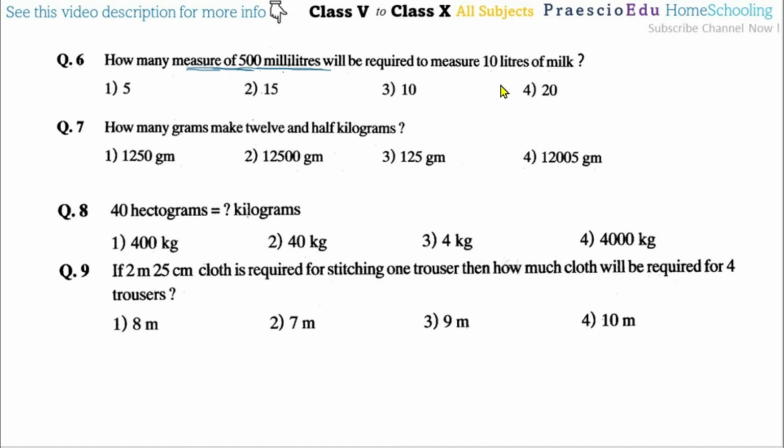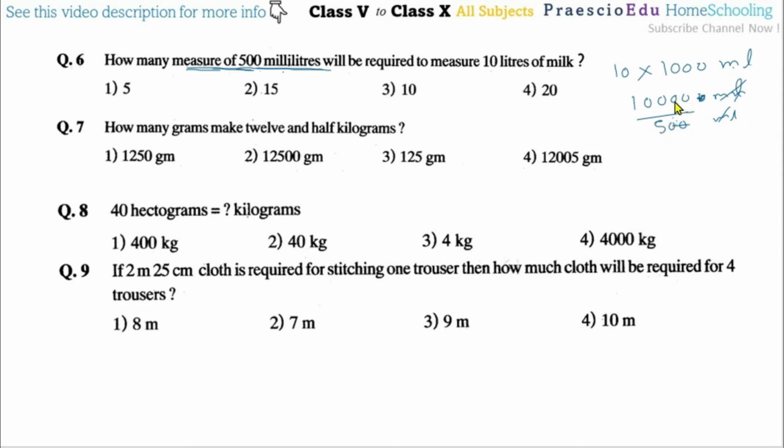10 liter means 10 multiplied by 1000 milliliter, since 1 liter is equal to 1000 milliliter. So this is 10,000 divided by 500. Now this is ml and this is also ml, so after the division the unit cancels.